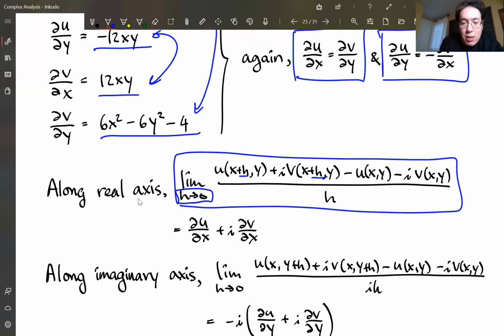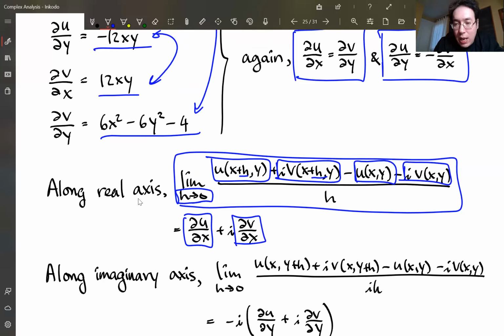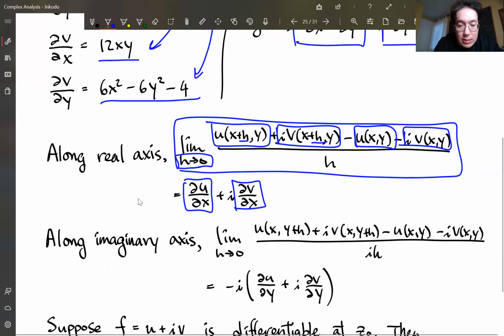Well, if you group the u's together, we're going to get the derivative of u with respect to x. And if you group the iv parts together, the derivative is going to be the derivative of v with respect to x.